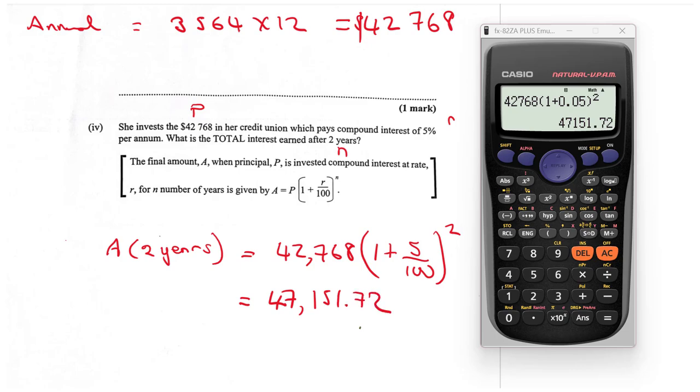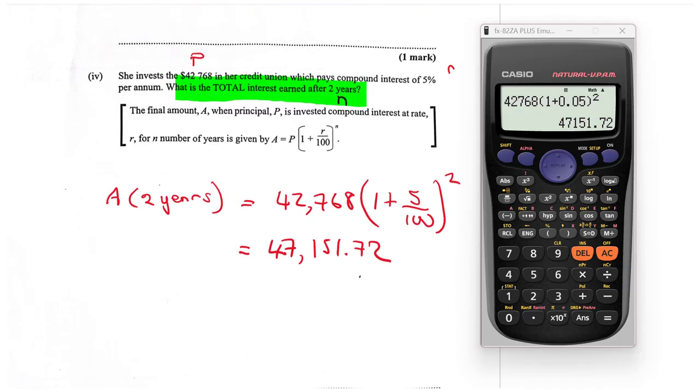And that is going to give me 47,151.72. Now, this is the final amount after 2 years, the $47,151.72. But the question asks us for the total interest earned after 2 years.